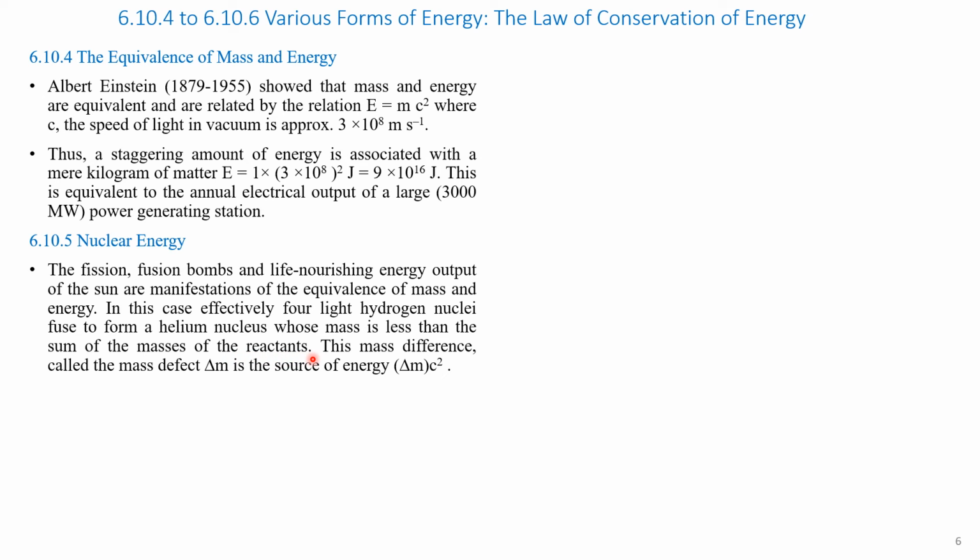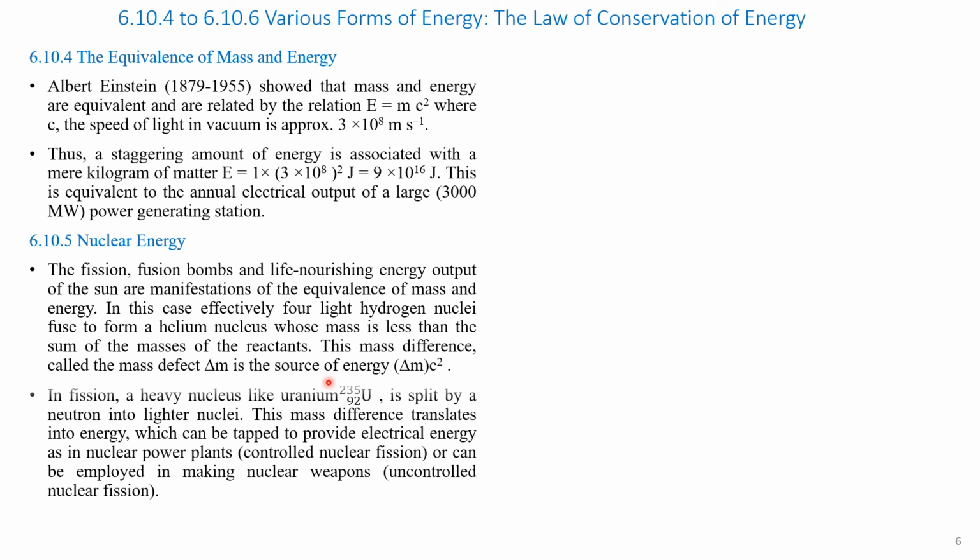This mass difference, called the mass defect, ΔM, is the source of energy. That means in a nuclear reaction, when 4 light hydrogen nuclei fuse to form helium, a mass defect is produced, which is the source of energy.